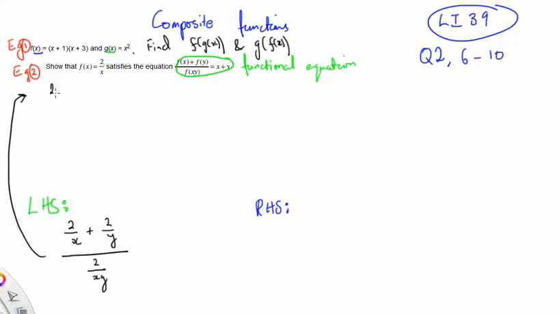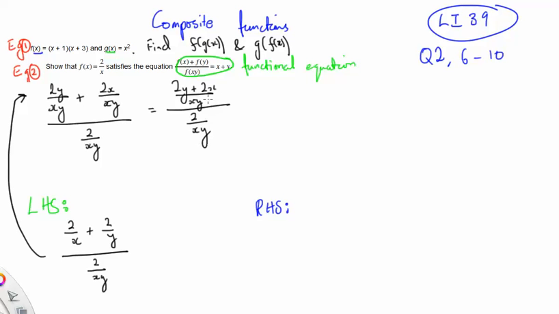I'm going to multiply the top and bottom here by y, and the top and bottom here by x, and we're going to get 2 on xy. If you're really clever with your fractions, you'll notice that these can actually all cancel, but let's keep going. So let's add these together. You get 2y plus 2x on xy over 2 on xy.